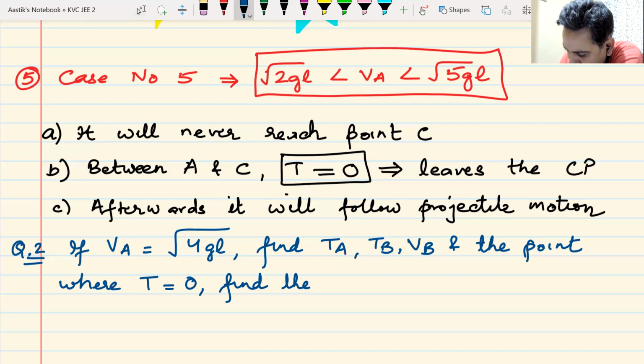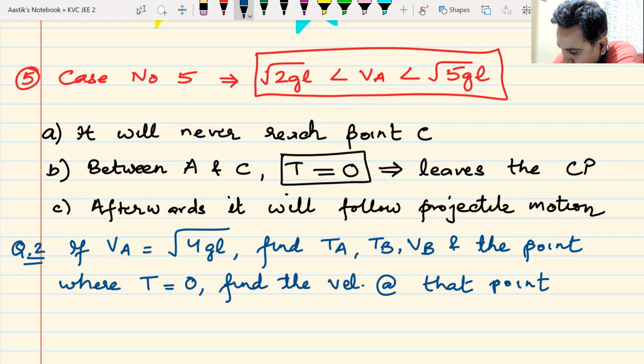Find the velocity at that point. That is the complete question. You have to also find the velocity at that point.